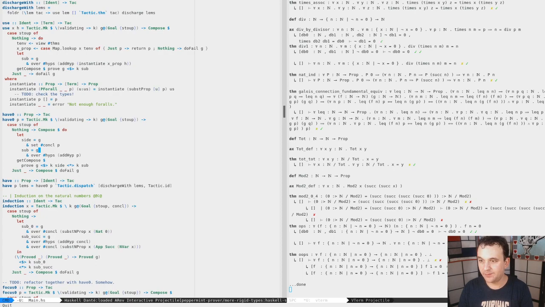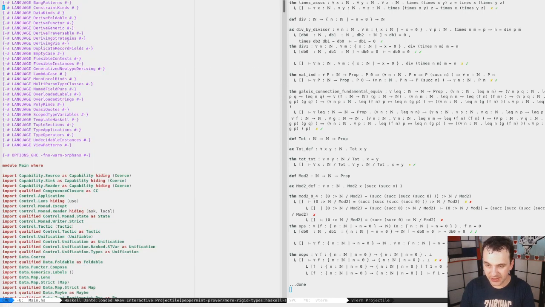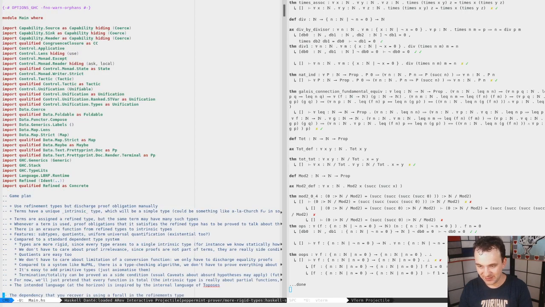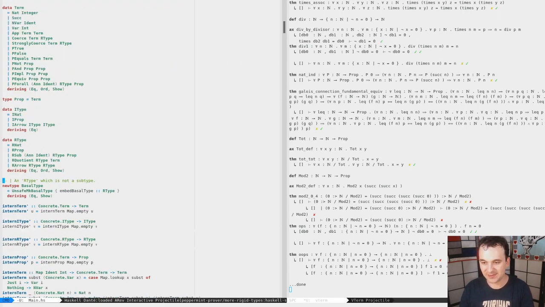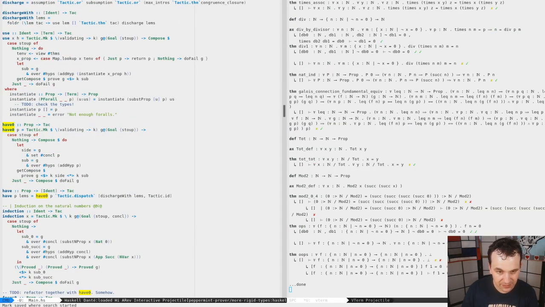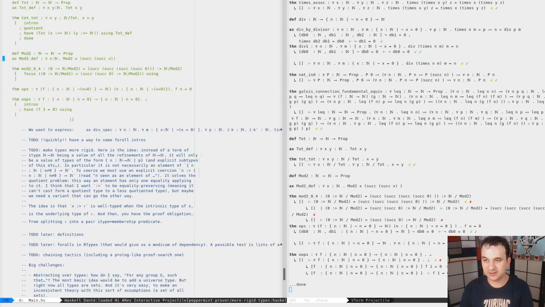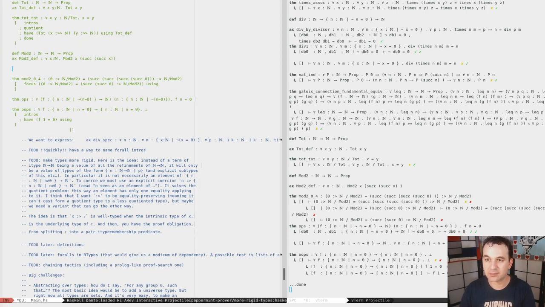Oh, I see. Right, yeah. The thing is, I can't really reason by transitivity, which is a bit silly, because I don't have a tactic for this. Oh. Okay. Yeah, that's a possibility. Theorem.